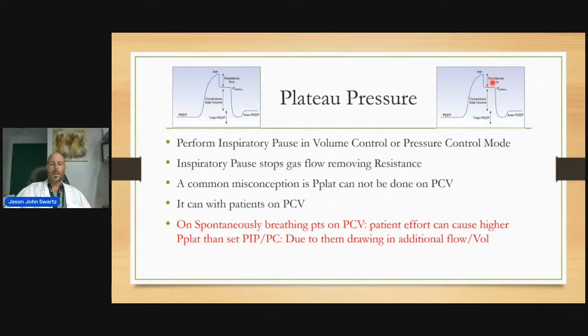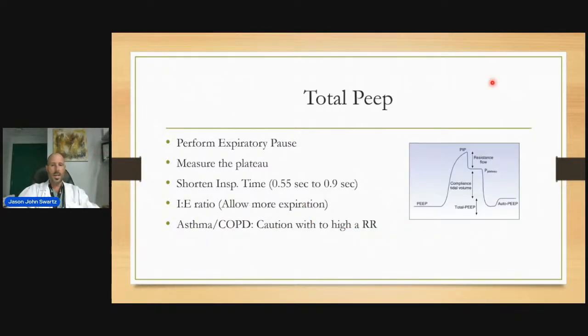But that is a misconception. That's why I wrote in red: on spontaneously breathing patients on pressure control, the patient effort can cause higher plateaus than the set PIP. The pressure control is a PIP in the V500. This is due to them drawing in additional flow, which is volume. I have actual pictures towards the end that I could show you quickly.